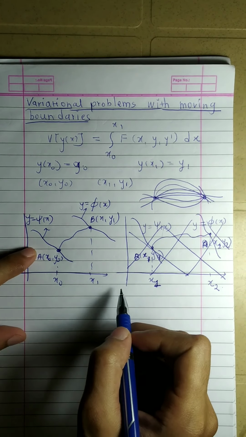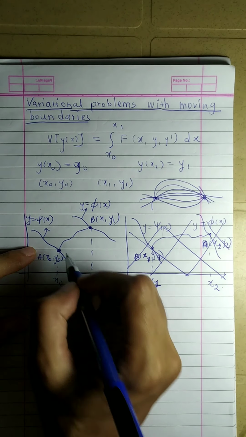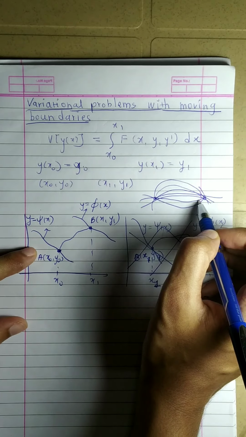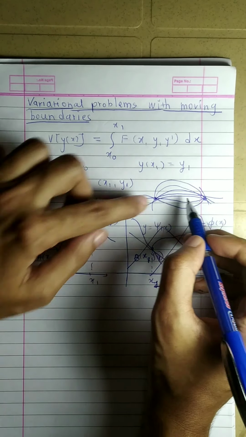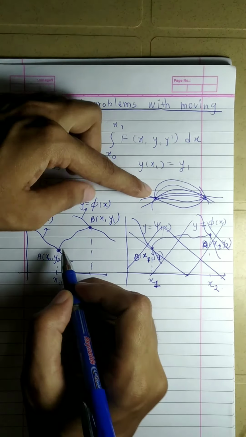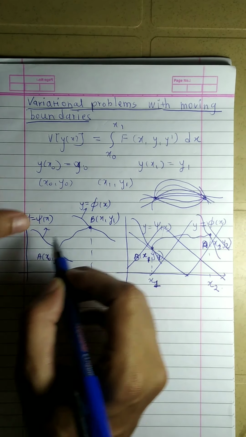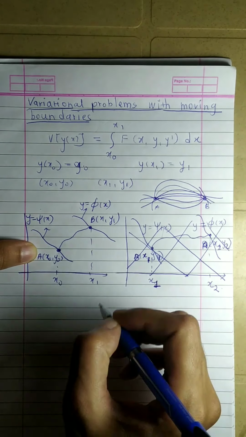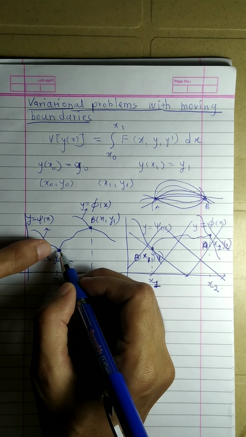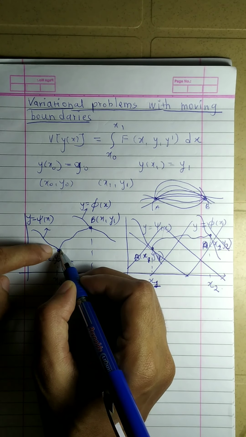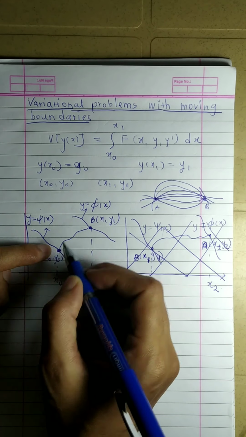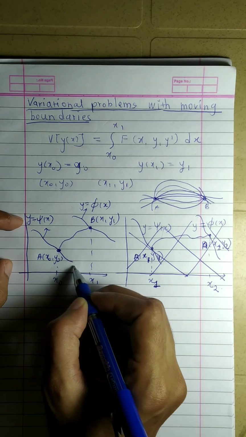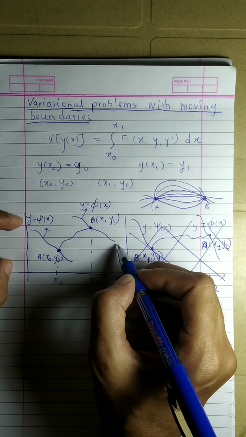So now what we will be doing is allowing these boundary points to move, and they will be allowed to move only along the two curves. Let us suppose that this is point A and this is point B. I am allowing this point A to move along a curve y equal to xi of x. The name of this curve is xi of x and this is phi of x.